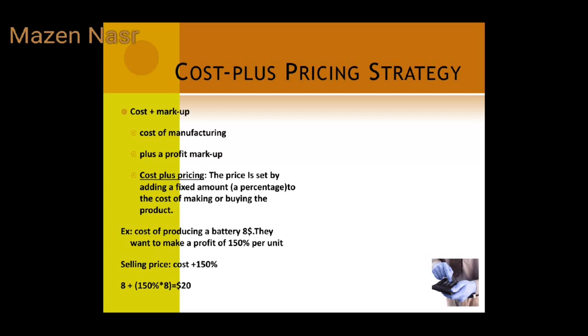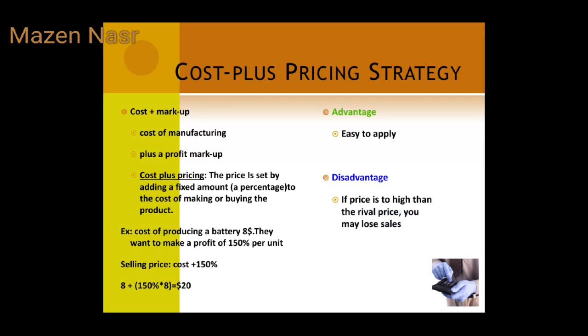If its cost is $8, I can add a profit of, let's say, 50%, it's up to me, and then I just add this profit margin to the cost. As you can see, it's easy to apply this method, but remember, I can't set the margin that I want, because if the price is high, I'll lose sales.